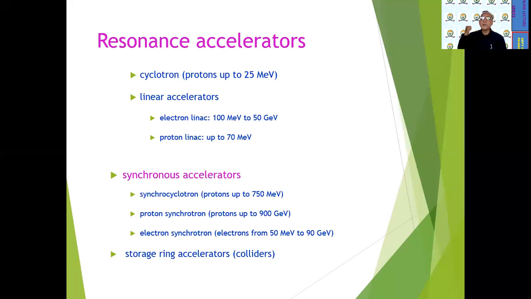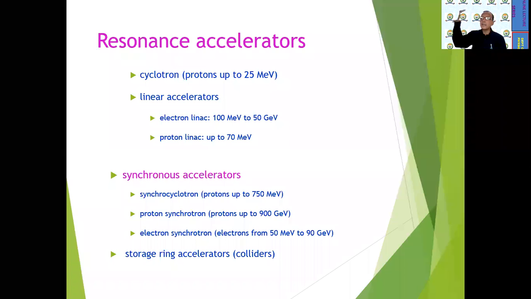Another type is the synchronous accelerator, which includes the synchrocyclotron, proton synchrotron, electron synchrotron, and storage accelerators. So these are the different types of particle accelerators available in the laboratory, used to increase the energies of charged particles as per our desired energy.